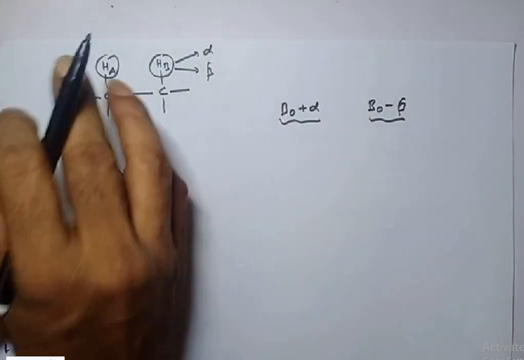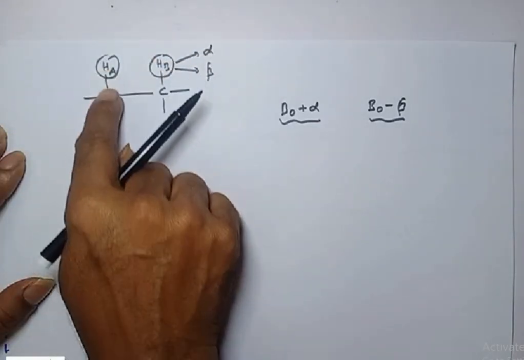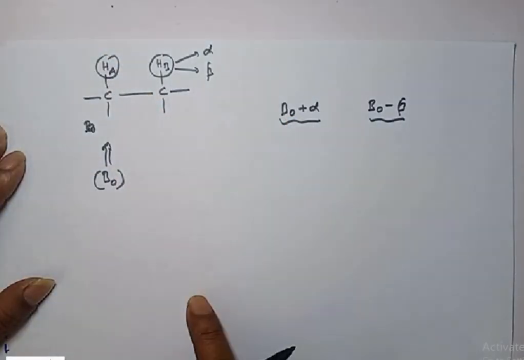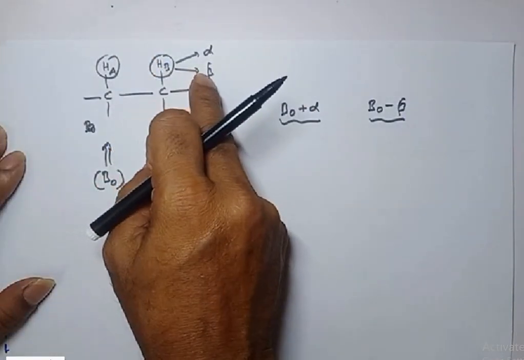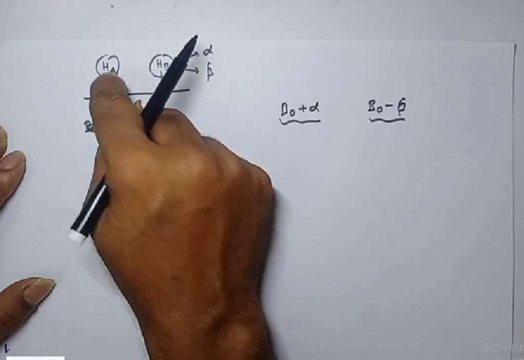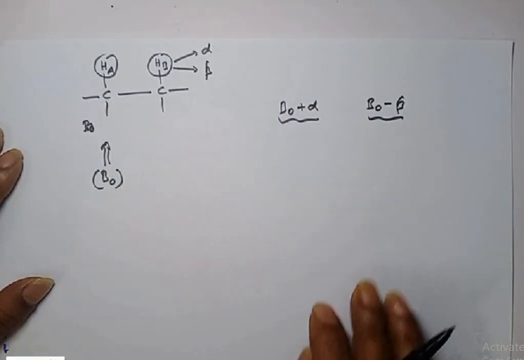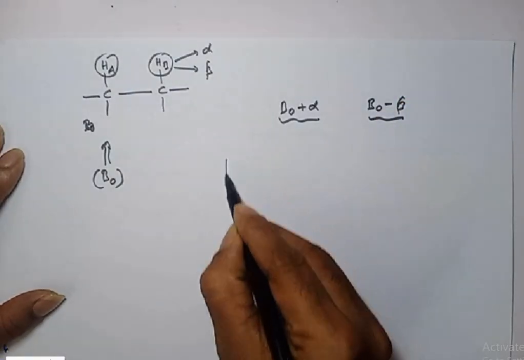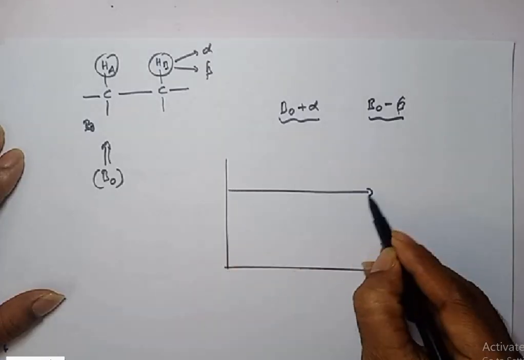So in the molecules in which the HB protons are in the alpha spin state, the HA proton feels more magnetic field, that is B0 plus alpha. And in molecules where the HB proton is in the beta state, the HA proton feels B0 minus beta external magnetic field. So what will happen because of that? Listen carefully.